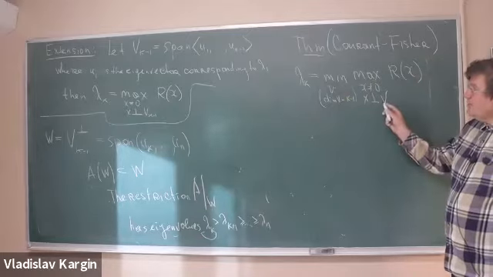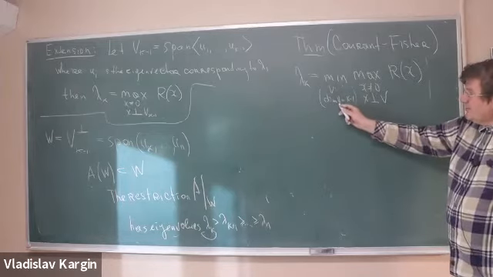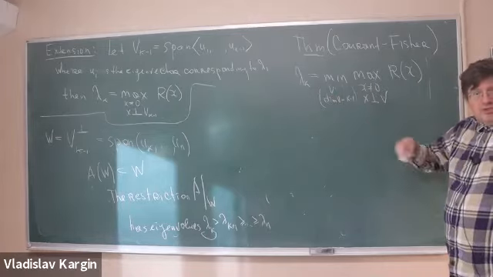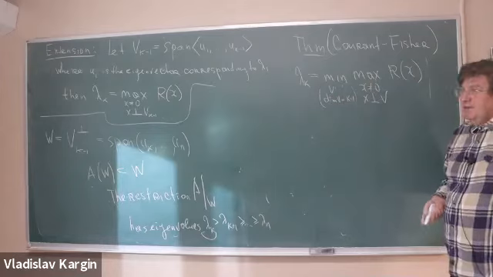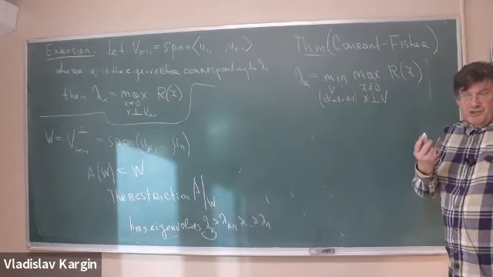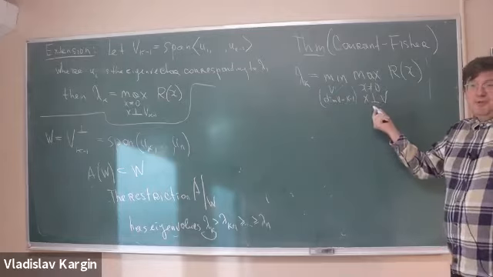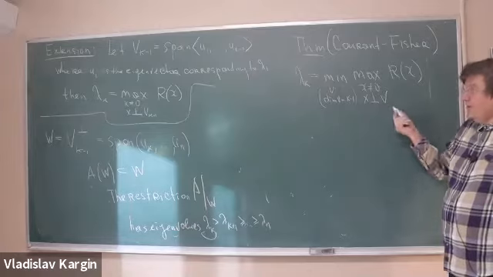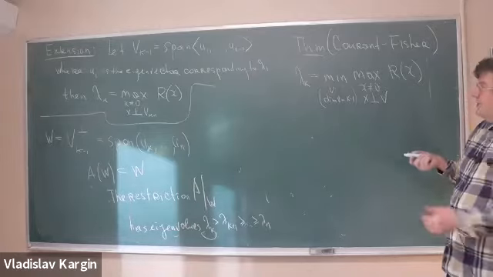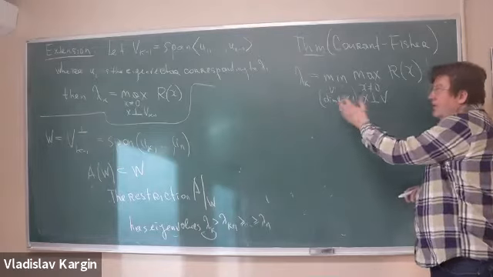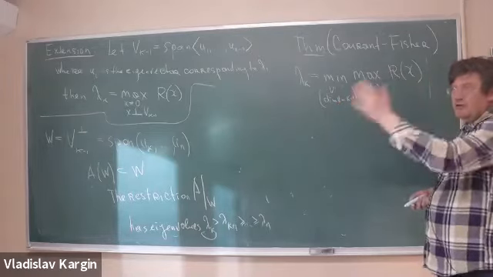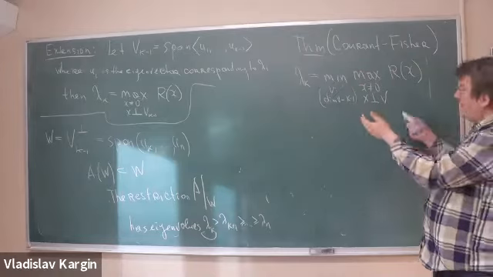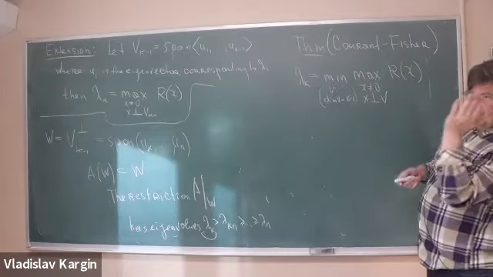And so for the largest of them, lambda 1, the dimension of V is equal to 0, which means there is no restriction. The zero vector space is just 0, so everything is perpendicular to 0, since the scalar product with the zero vector gives you 0. If you look at k equal to 2, it means take any direction, any line, and take the maximum on the space perpendicular to this line.